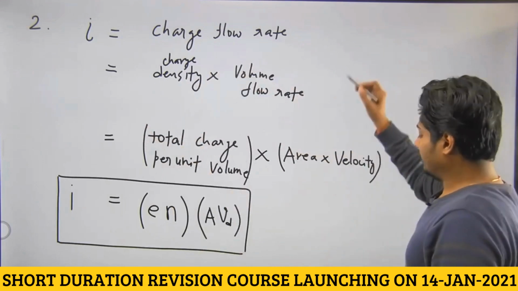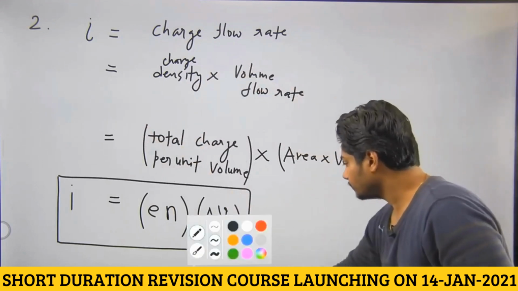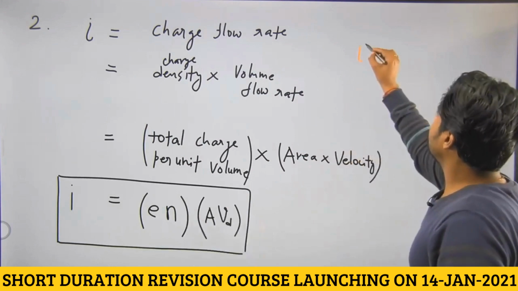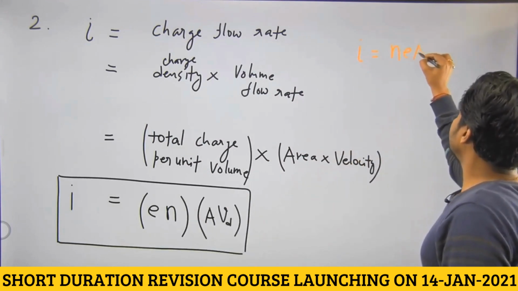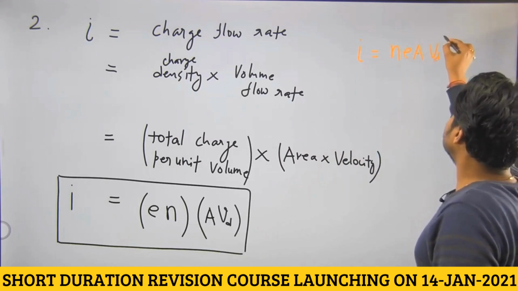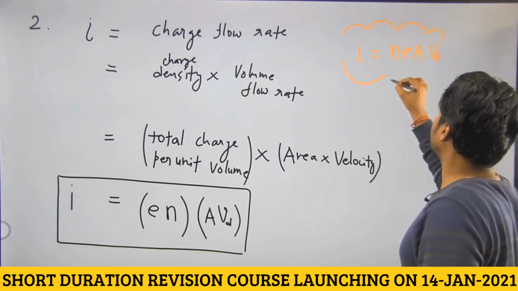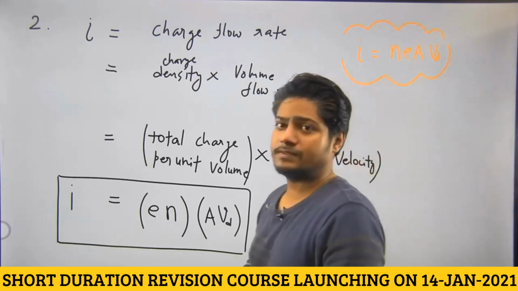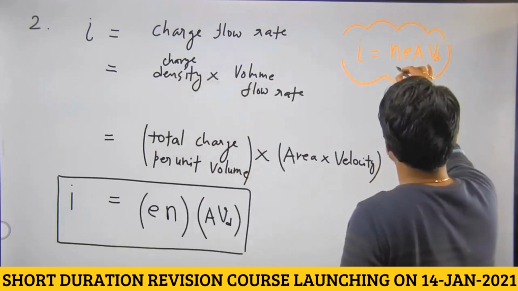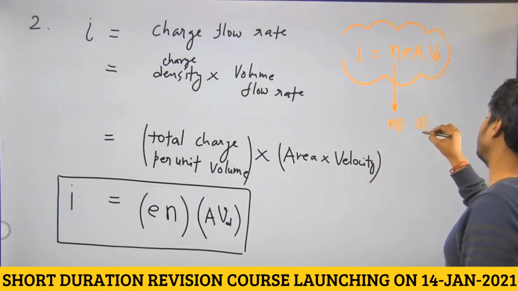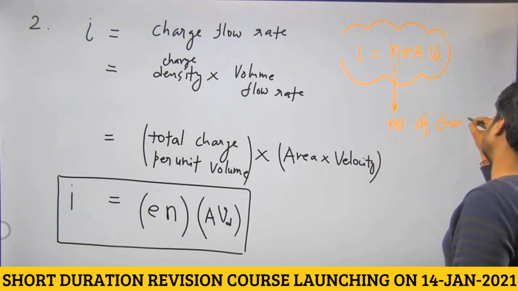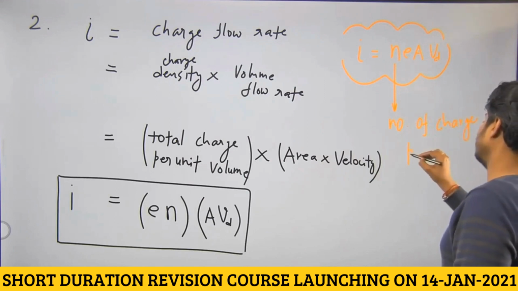So, basically what we get here is I equals N E A Vd, a very important formula. Just remember it as it is, where n is the number of charged particles per unit volume.